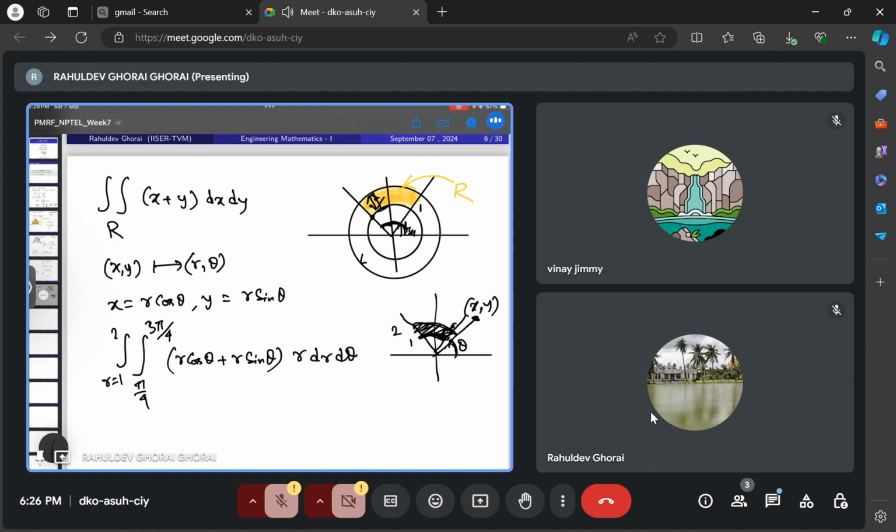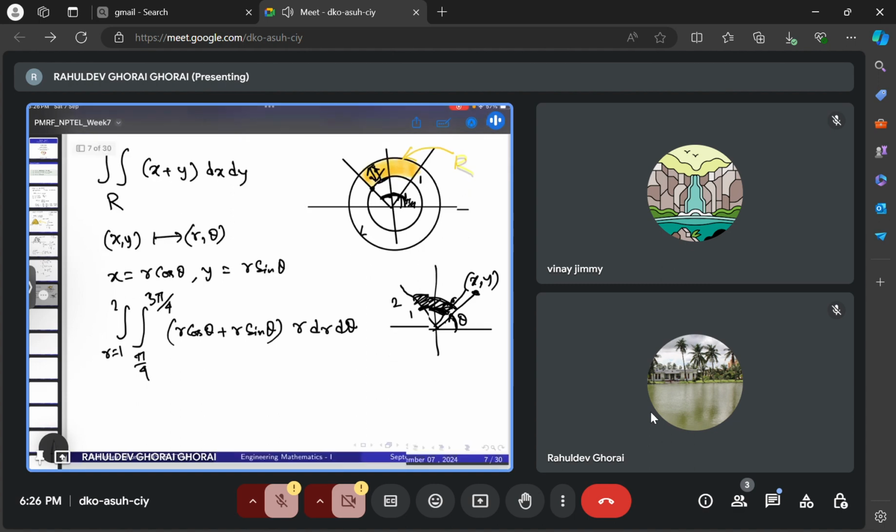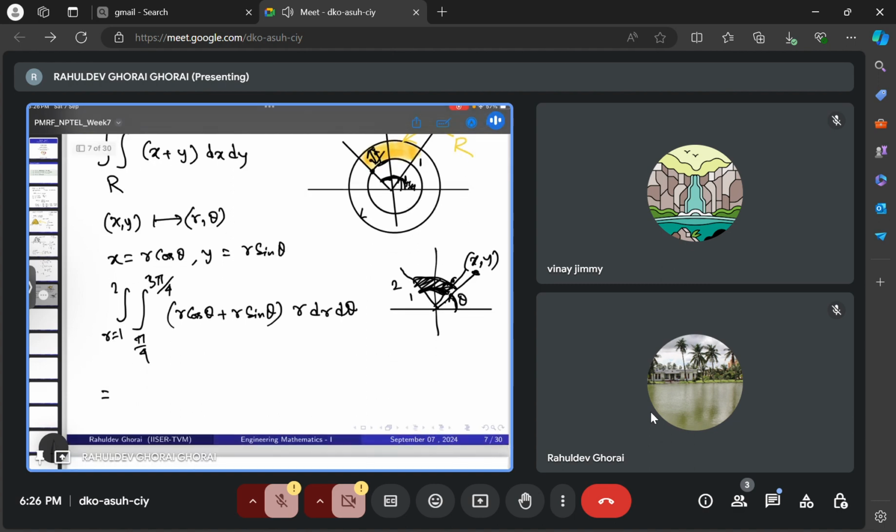So if that is okay, then r equal to 1 to 2. Here you see this r and theta are not depending on each other while doing integration, so we can take r square out times dr, and here also pi by 4.